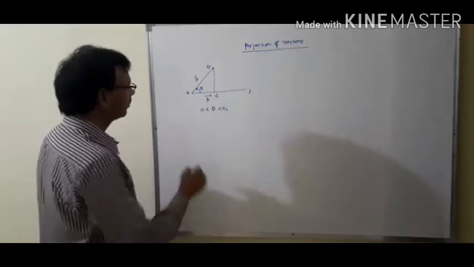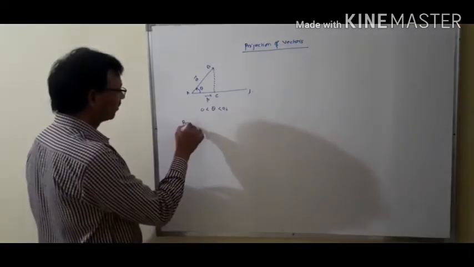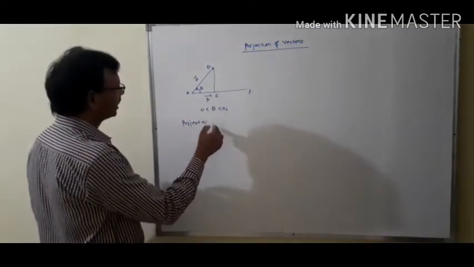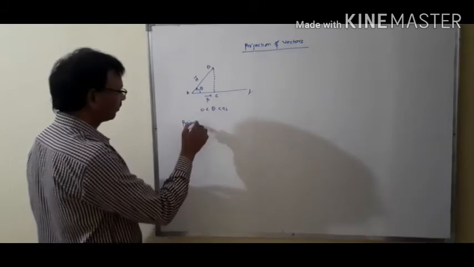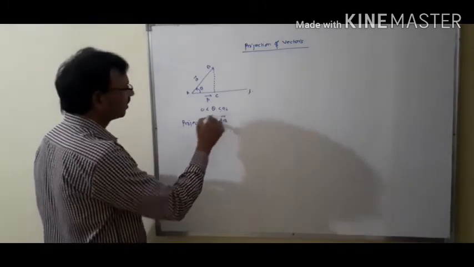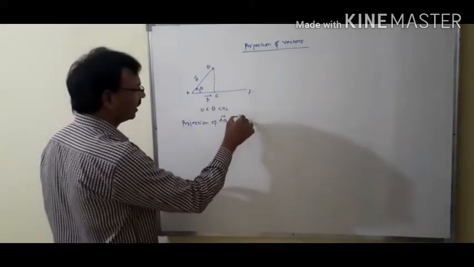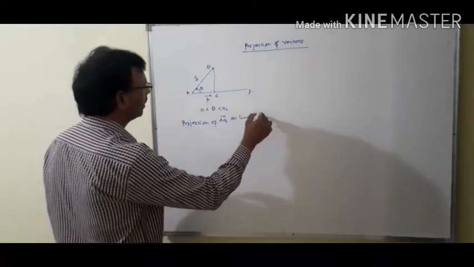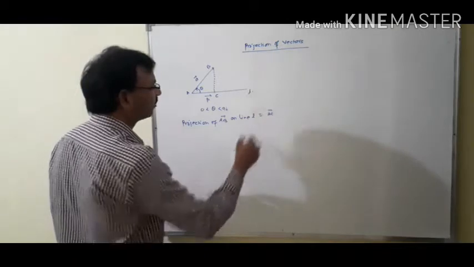That means projection of AB on line L will be AC.